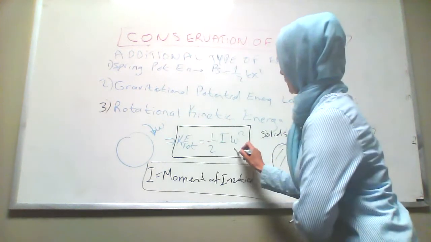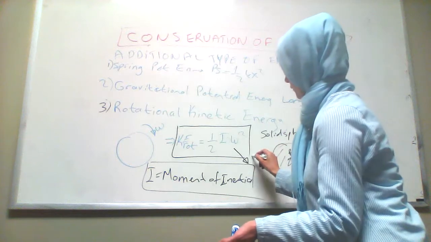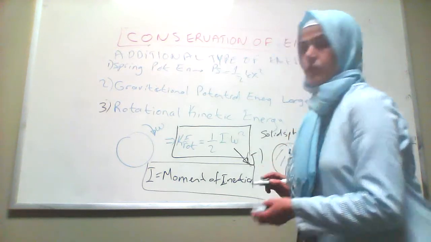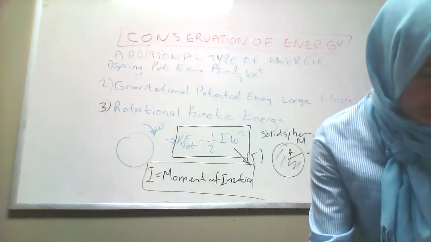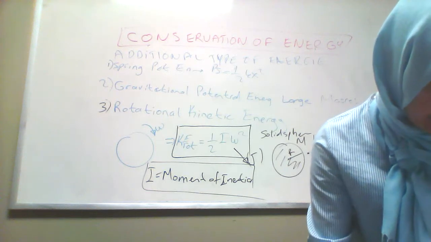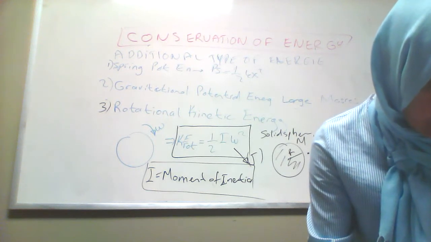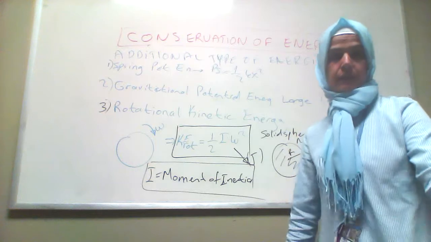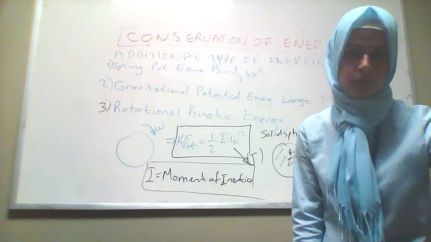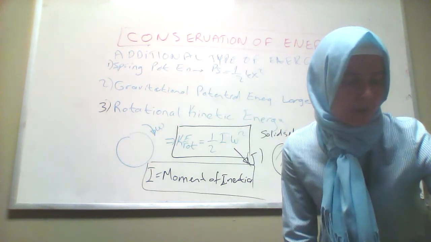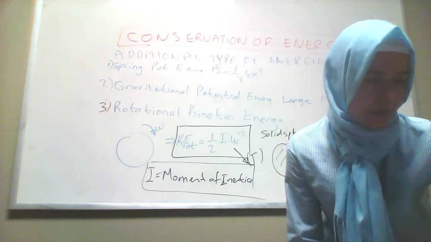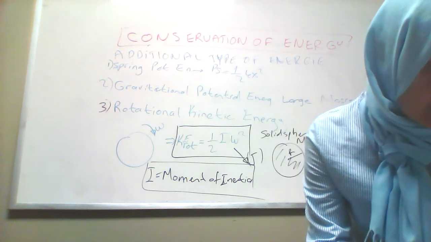And the unit for energies, all type of energies, of course, as you can guess, is joule, always. I have a whole list of equations for calculating moment of inertia in my notes, and I'll post them online soon. Let's solve a question here.